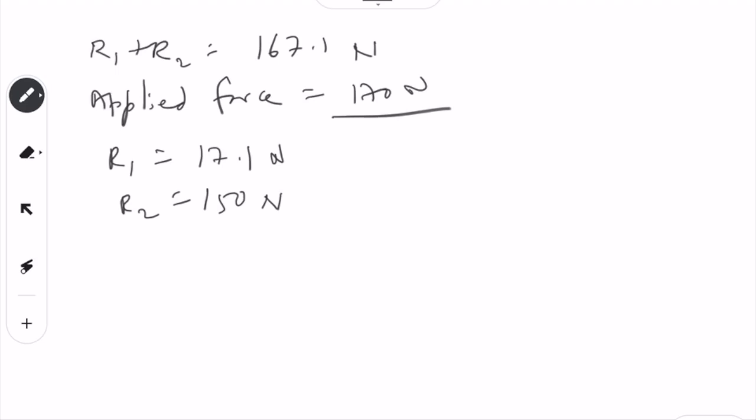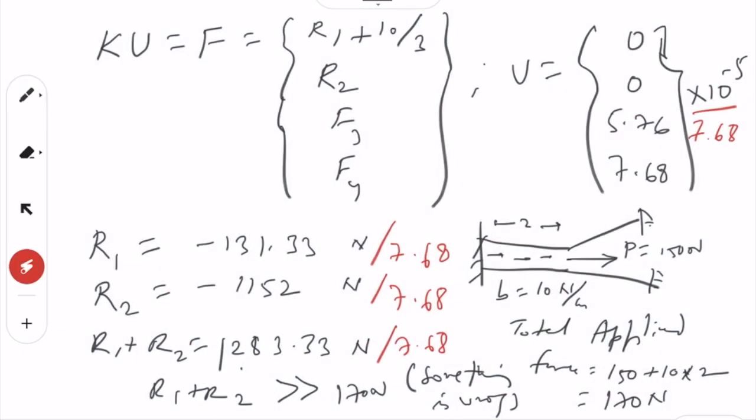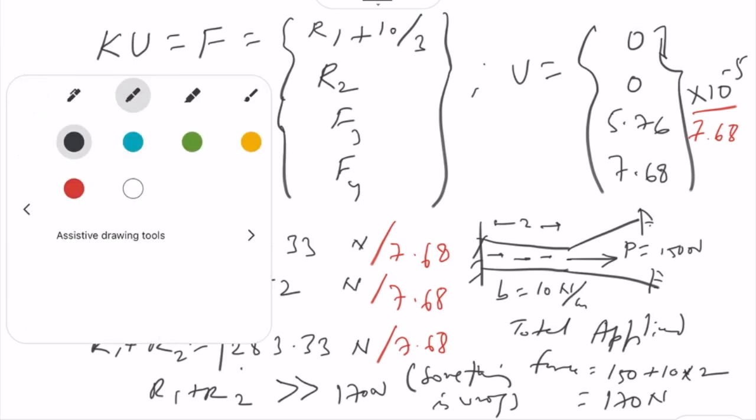Okay, so if we draw it, this is how we get it. What we are getting is R1. We also have to see the sign, so both R1 and R2 will have a minus sign.